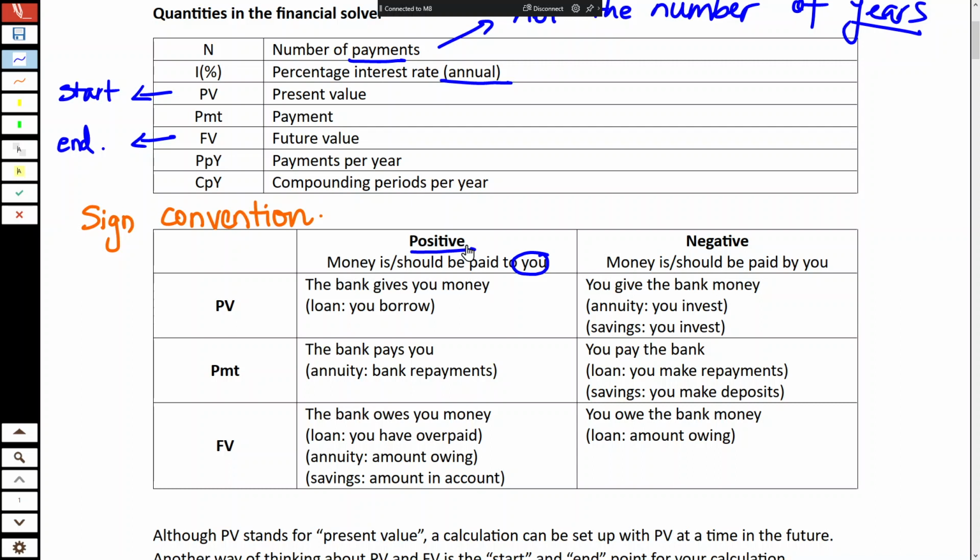And I found that people were able to remember that quite easily. So if that works for you, you can use that. But if we are going to be the ones paying the money, so giving money to the bank, oh, that's sad. So we're going to give that a negative sign. Okay?